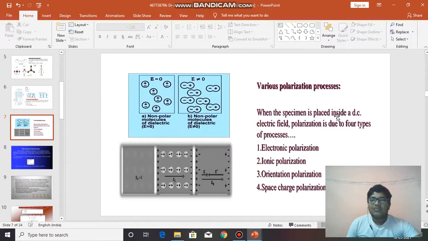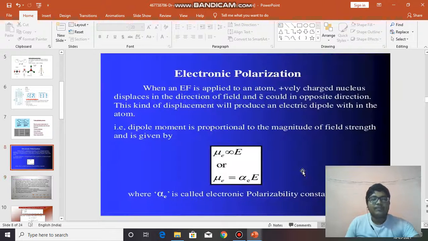When the specimen is placed inside a DC, which is direct current, electric field, polarization is due to four types, which are electronic polarization, ionic polarization, orientation polarization, and space charge polarization. First, electronic polarization. When an electric field is applied to an atom, the positively charged nucleus is displaced in the direction of the field and the electron cloud in the opposite direction.